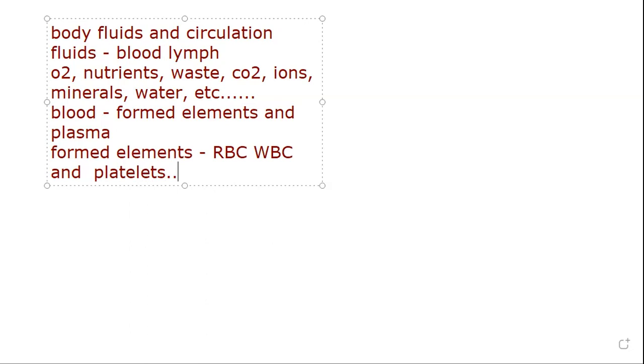RBCs are also called erythrocytes. They are responsible for transportation of oxygen and nutrients from one part of the body to another. RBCs contain hemoglobin pigment, and they do not possess a nucleus. The RBC's lifespan is just 120 days.